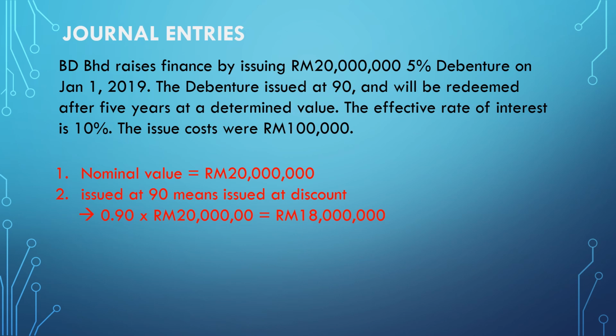Issued at 90 means issued at a discount, so the issued value is 18 million, because 20 million multiplied by 90%, or 0.9. The issue cost is 100,000, and it says here 5% debenture, so the 5% is the interest rate promised to be paid annually to the debenture holder.